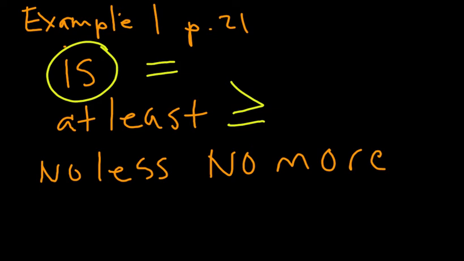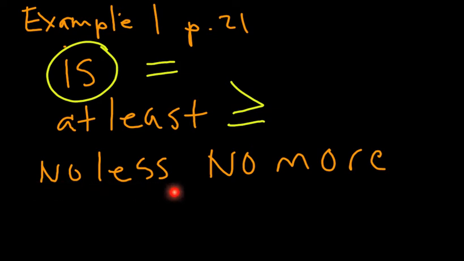This one is a little tricky, and it takes a little practice to get the wording because you really have to think. Number 3 says a number y is no less than 5 and no more than 13.